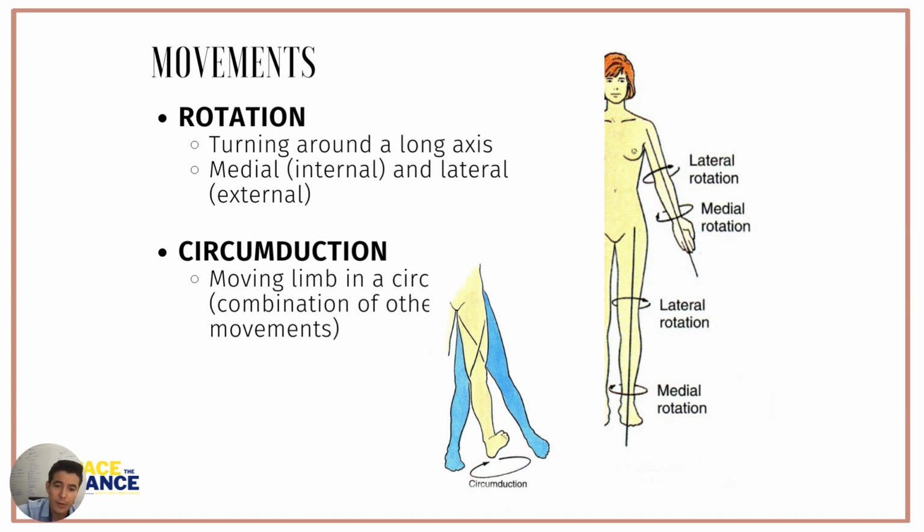Like we were talking about earlier, circumduction is moving the limb in a circular motion. It's a combination of many other types of movements. So for example, your hip can circumduct because it can do flexion, extension, abduction, adduction. There are a lot of different movements that it can do, as well as the wrist. But your elbow is more limited.